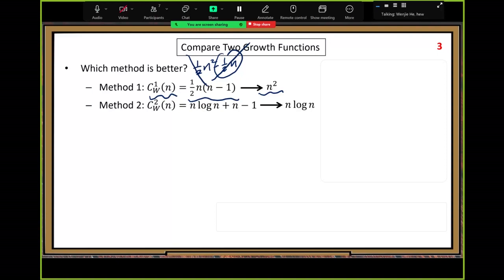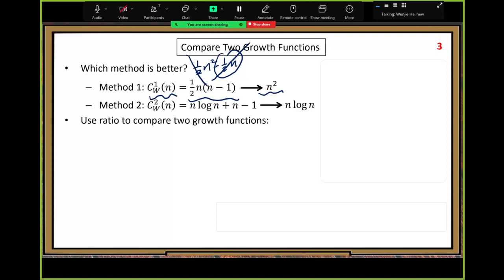After this step, we extract 2 growth functions for those 2 methods. So next, we compare these 2 growth functions. Which one grows faster when n is very large? That's our question.